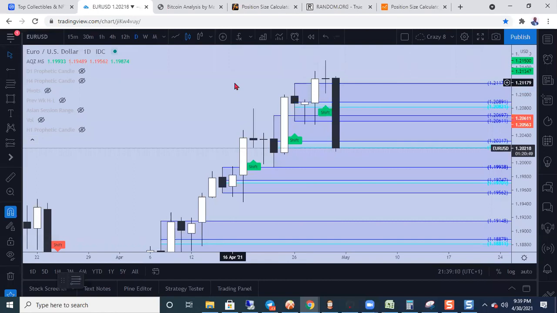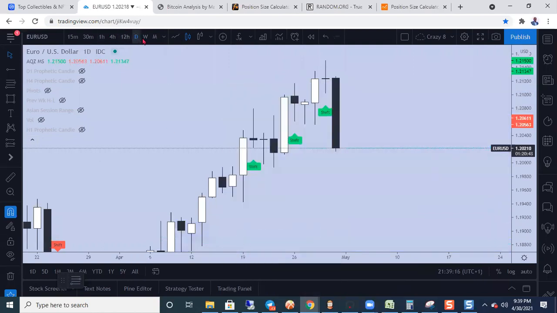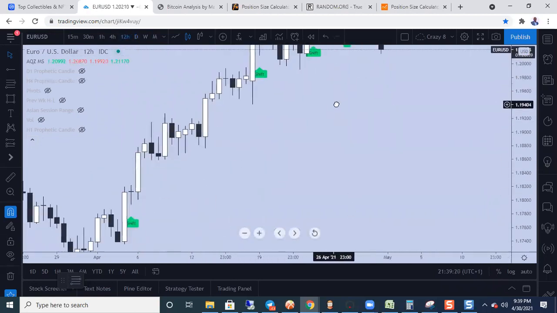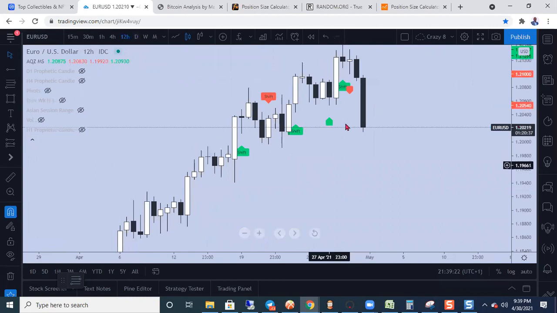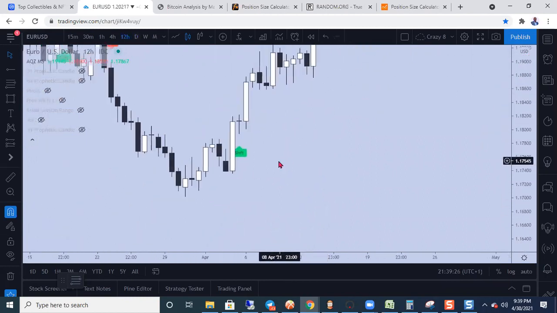Right. That is how we use the momentum shift, and it works on any time frame. So I could take this off and go to like 12 hours, and you see exactly what we're saying. Now notice, let's take it from beneath. We have this candle here, the bullish candle responsible for this low, the last bullish candle before this low.